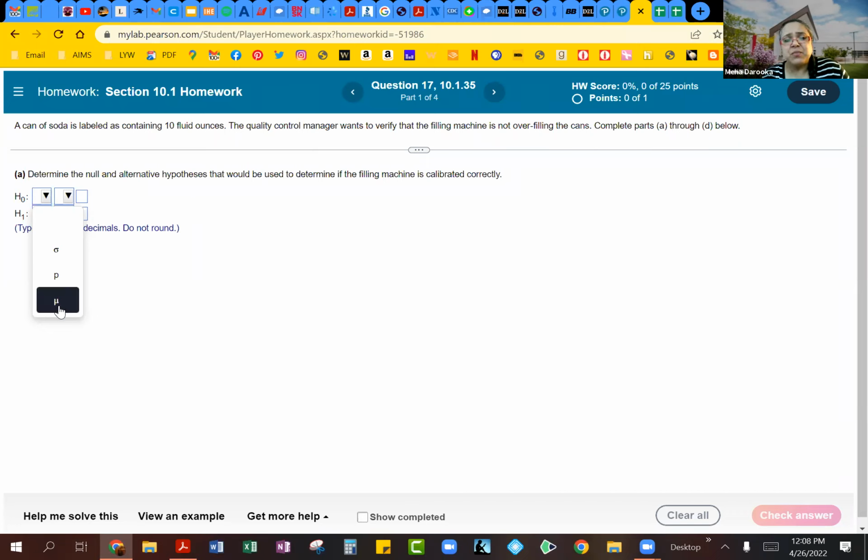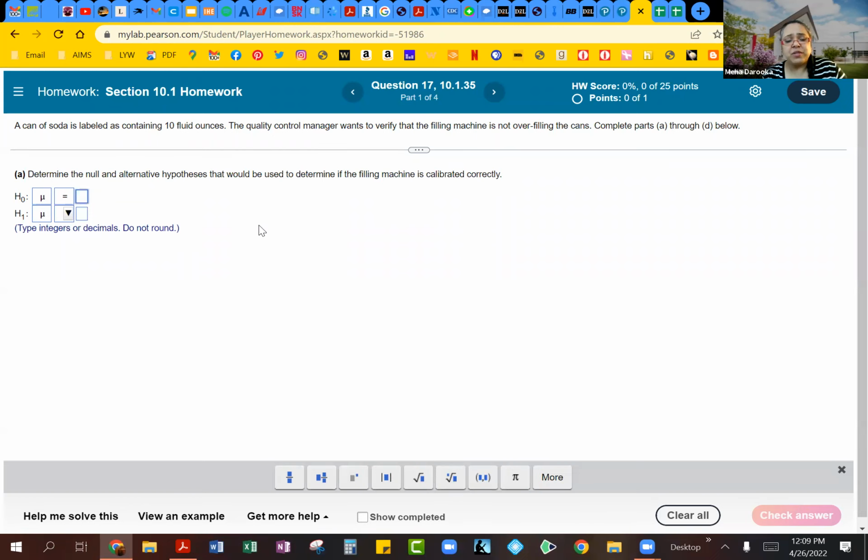So this is actually where you're going to use mu, because we're talking about an average as your symbol over here. And they are saying the quality control manager wants to verify that we are not overfilling the can. So we're not putting more than 10 fluid ounces. So for the null hypothesis, and this H sub 0 represents the null hypothesis, that's based on what the expectation is.